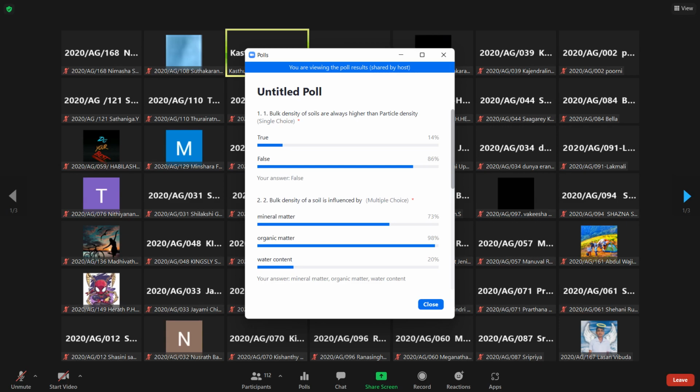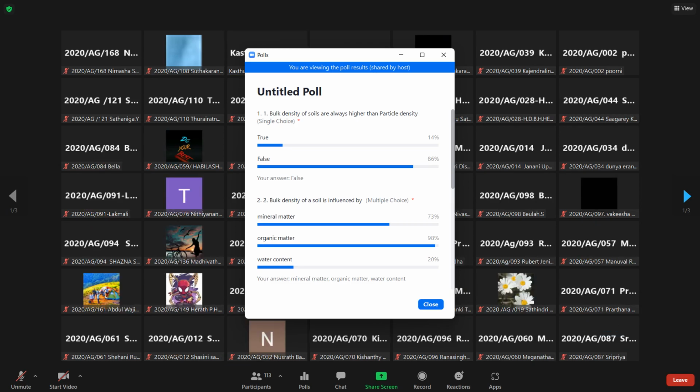And the third question, particle density of a soil is influenced by porosity. Correct or wrong? False, madam. The reason is needed.